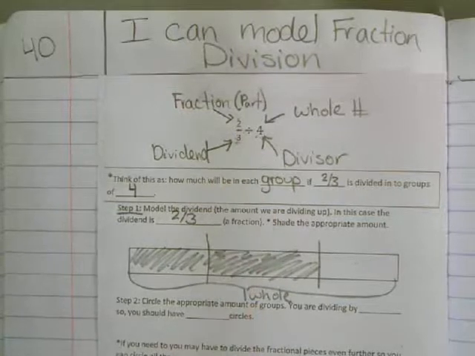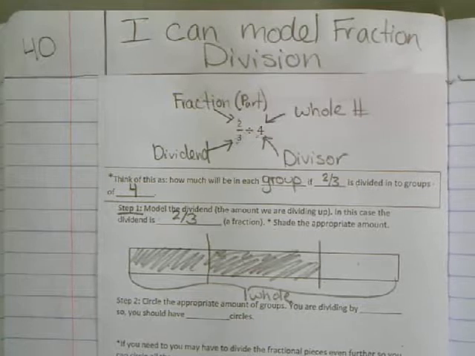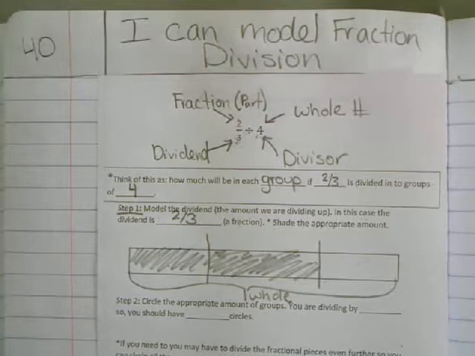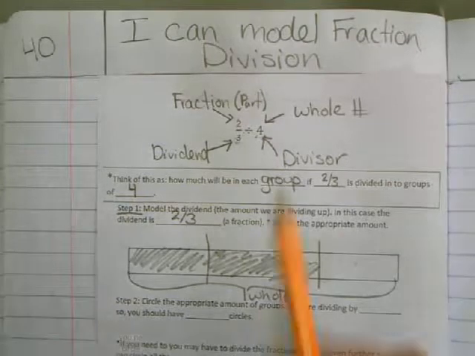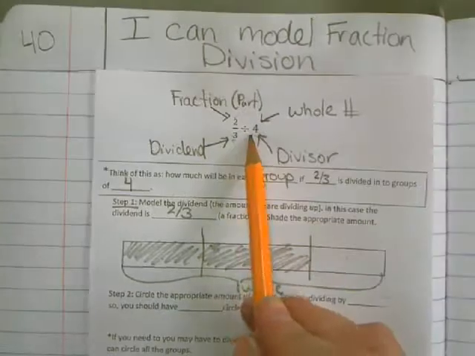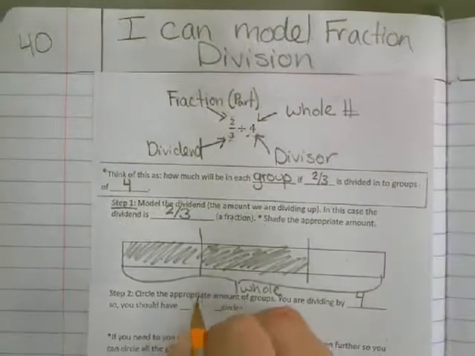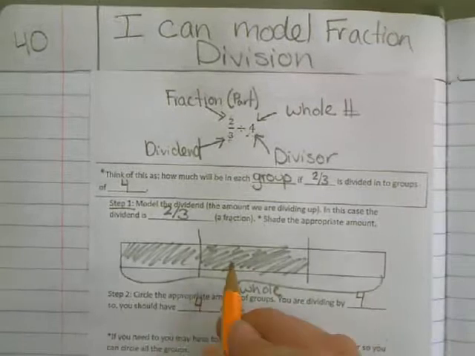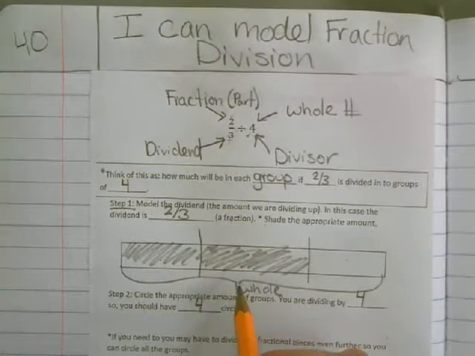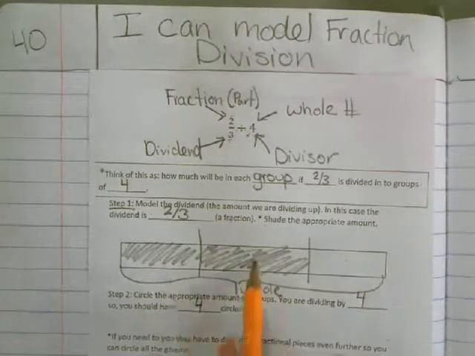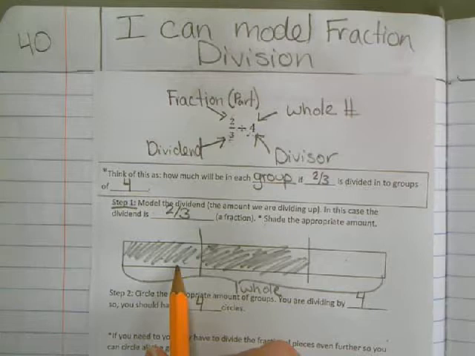Okay? So now we have our dividend modeled. The next step is to circle the appropriate amount of groups. In this case, we want to circle 4 groups. We are dividing by 4, so we should have 4 circles. Now, does it look like from this model that that's going to be really possible? No. Okay, so let's go ahead.